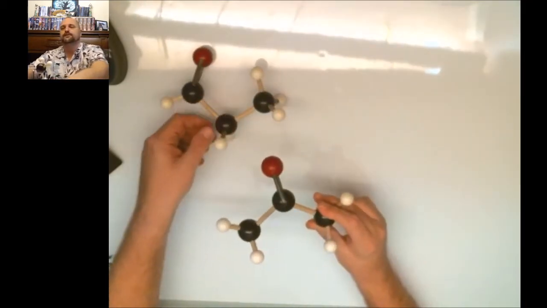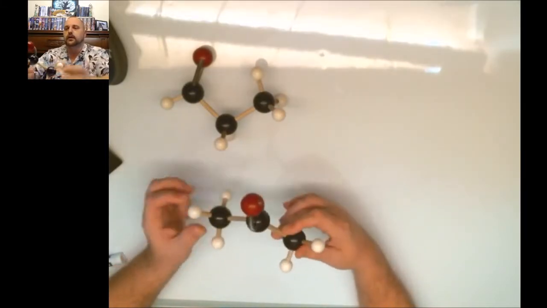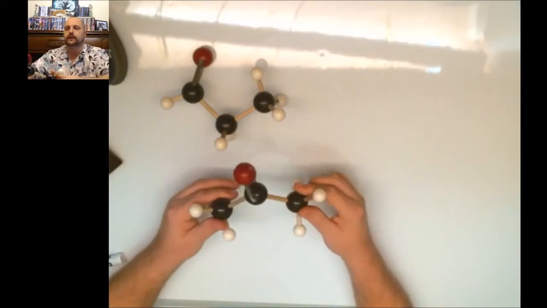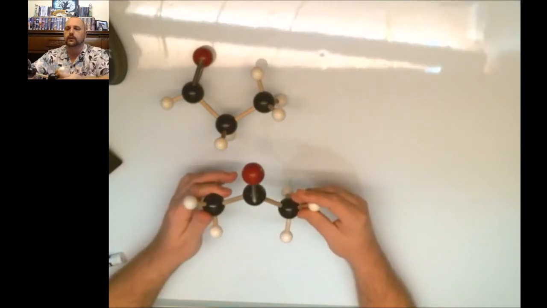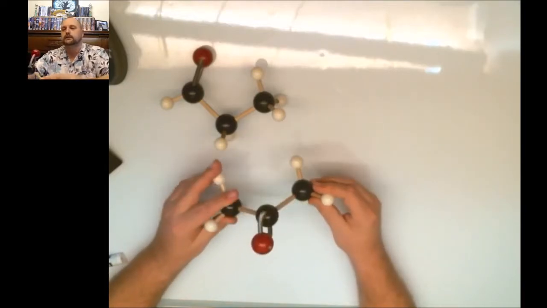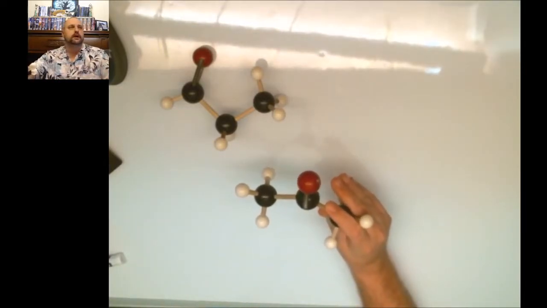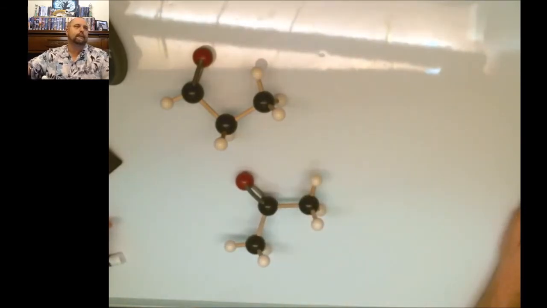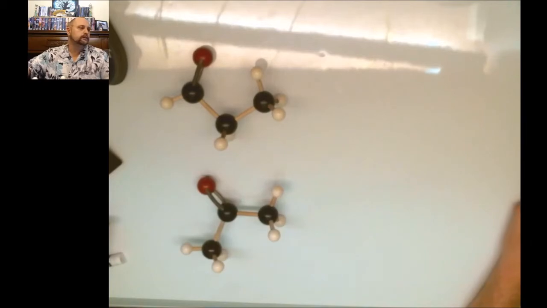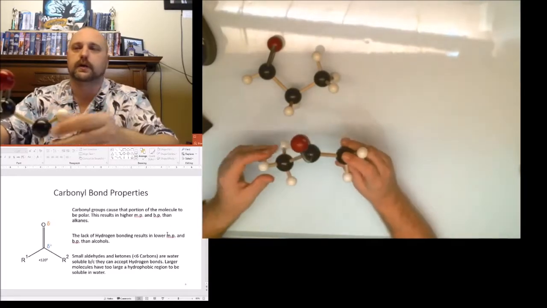If I pick up a ketone, we can see it's in the middle. So carbon, carbonyl, carbon, that's our pattern. Again, very polar bond, but no hydrogen bonding. When we're looking at these properties, the lack of hydrogen bonding greatly determines it.